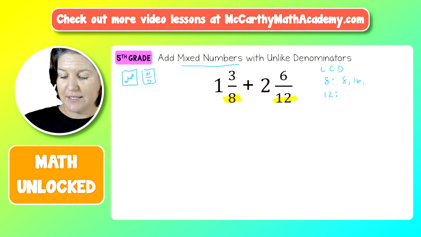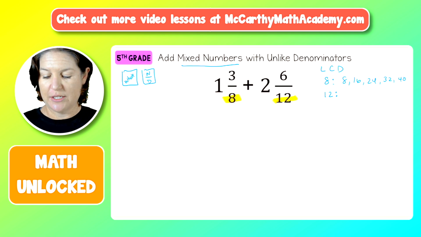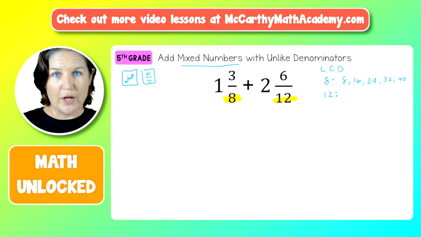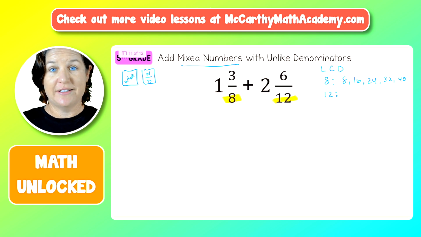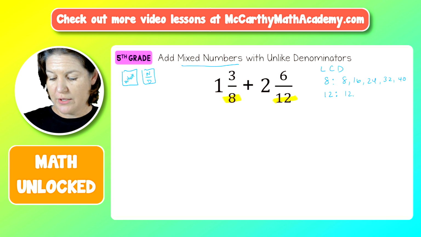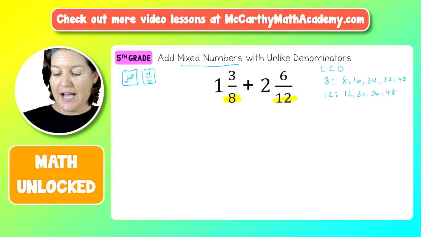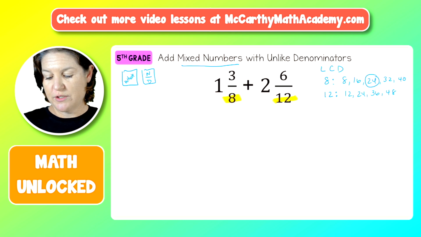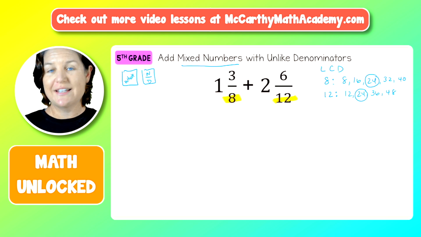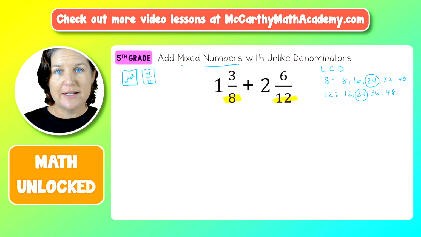Then we have 32, 40. Let me see if I've got a match there by moving on to the 12s. So I got this feeling. The 12s are great. 12, 24, 36, 48. I can stop there because I see a match. I have 24 here and 24 here. That is the least common denominator that these two denominators have.